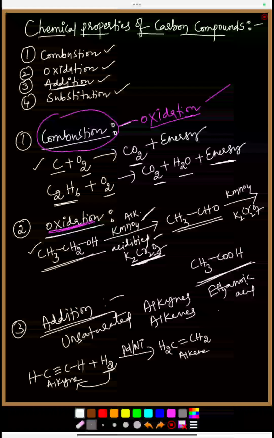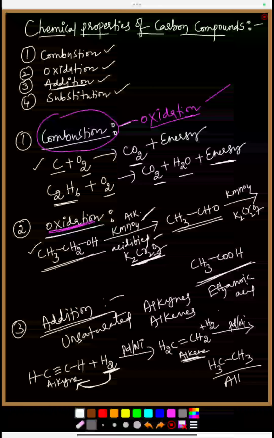which is called alkene, that is ethene. So when we add hydrogen to the unsaturated hydrocarbon like alkyne, we'll get alkenes. The triple bond became a double bond here. Again this unsaturated hydrocarbon alkene reacts with hydrogen in presence of palladium or nickel and will give us H3C CH3, which is called alkane, ethane, which is a saturated hydrocarbon.